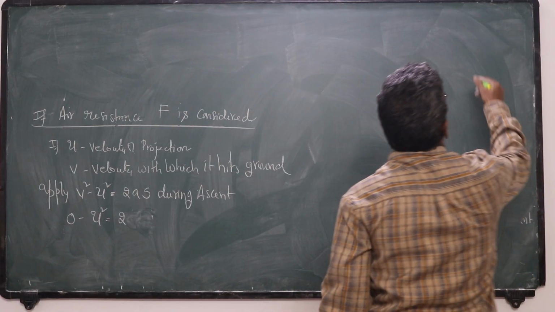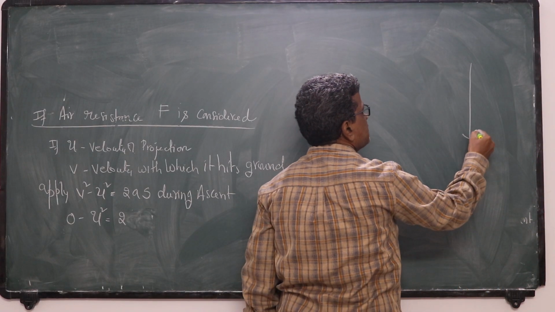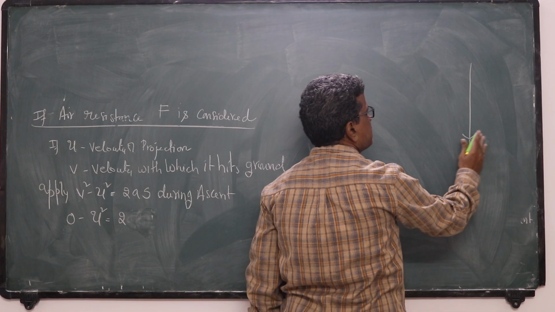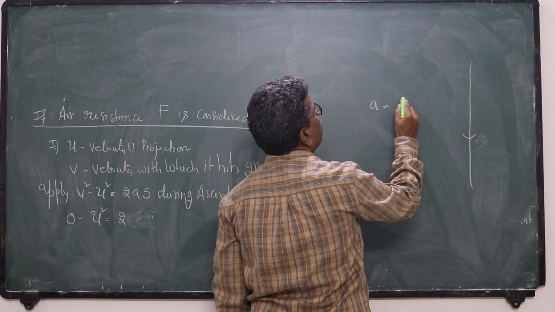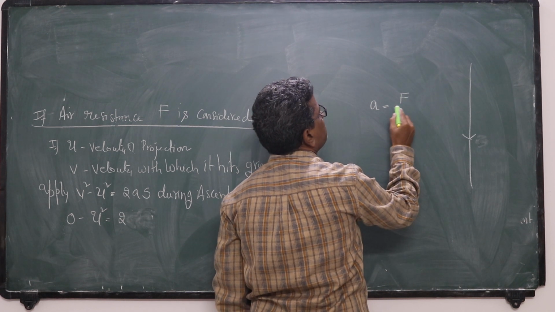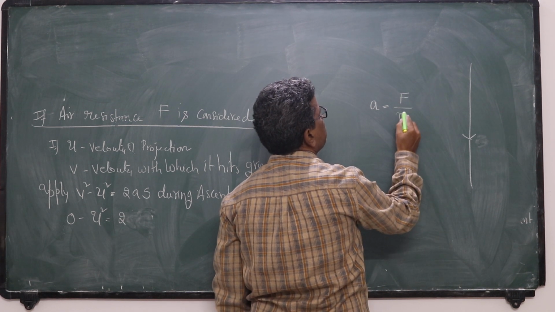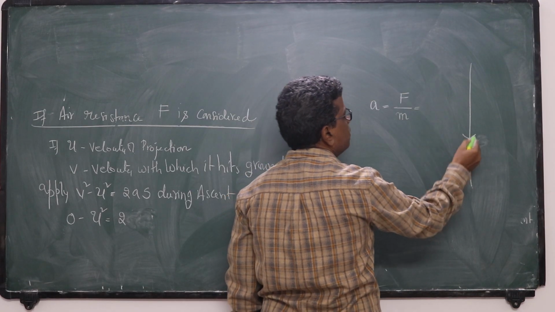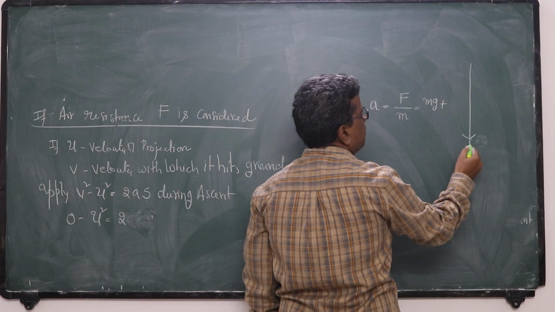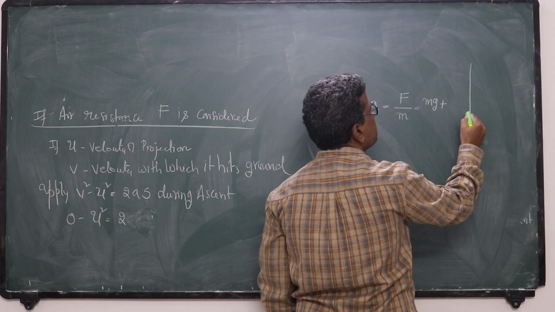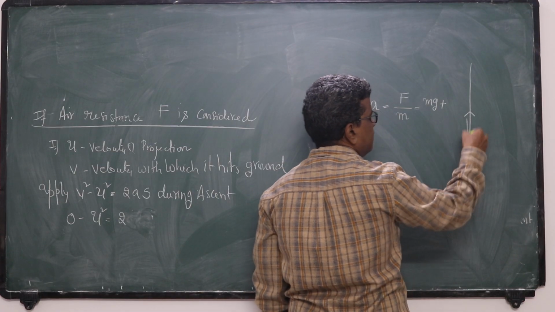So if air resistance is considered, the acceleration is net force by mass. You have to use this formula. Net force is downward force mg, plus, when it ascends, the force acting downwards.